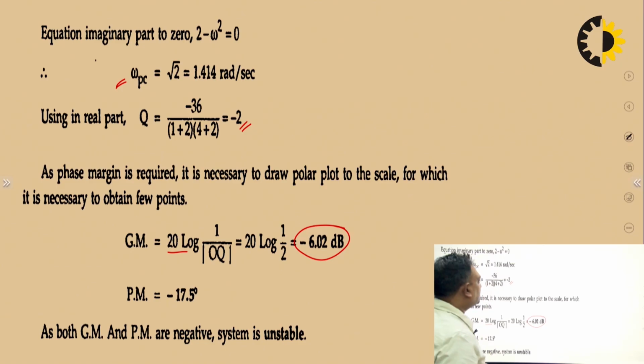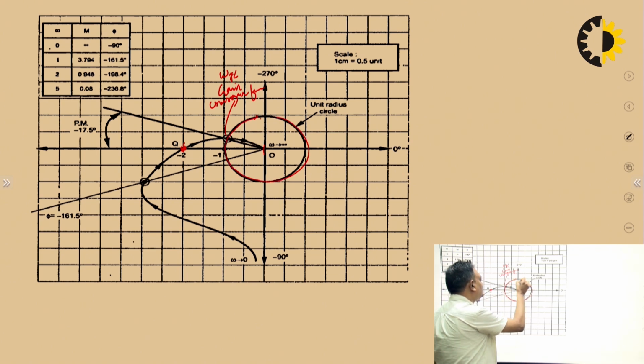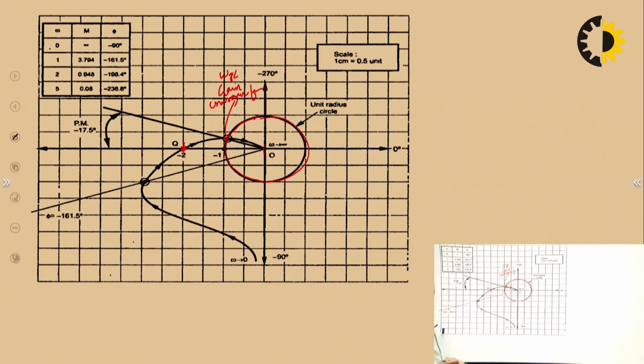We will also calculate the phase margin, and phase margin is calculated at the gain crossover frequency. Gain crossover frequency is the frequency at which the value of gain is 1. This is obtained by drawing a unit circle of radius 1, a circle of radius 1 which cuts the polar plot at a point, and this frequency is nothing but the gain crossover frequency.